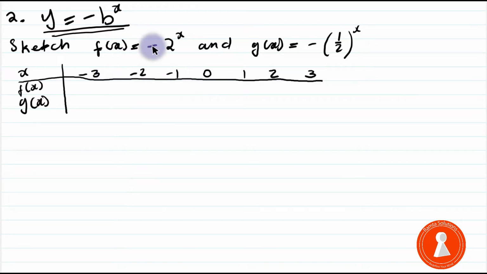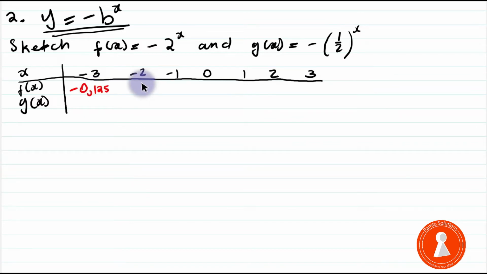I remember we said 2 to the minus 3 was 0.125. Let me confirm, yeah, 2 to the minus 3 was 0.125, but now it'll be negative 0.125.